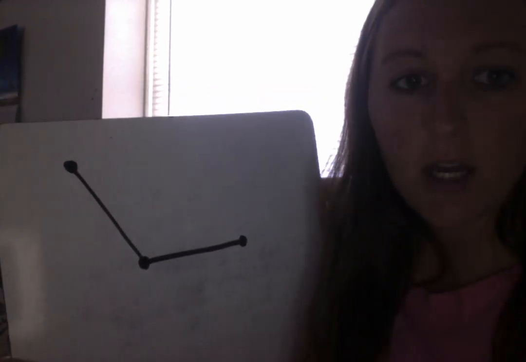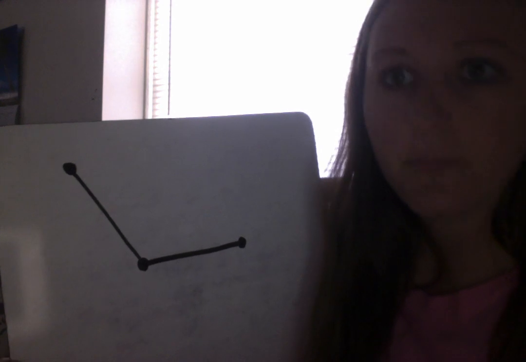Now, for your assignment today, it's going to show you one more technical way to name an angle that is open. And open means that it doesn't have a closed in area.